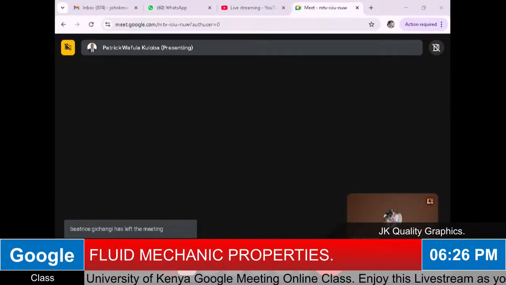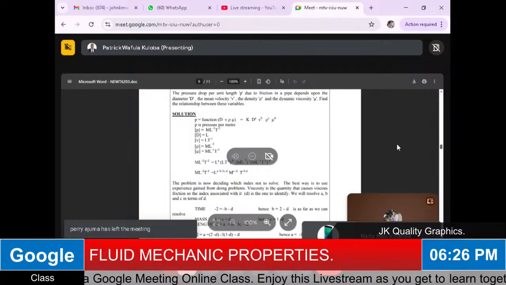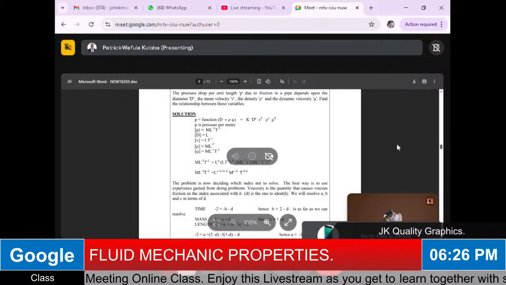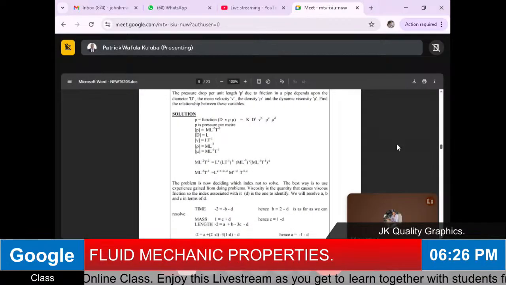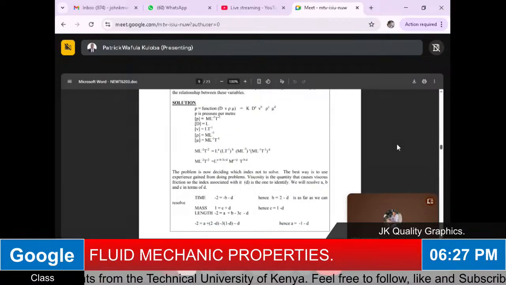So minus 2 is equal to, on the right hand side, T raised to minus B minus D. So expressing B in terms of D, B is equal to 2 minus D. Do the same for mass, do the same for length.